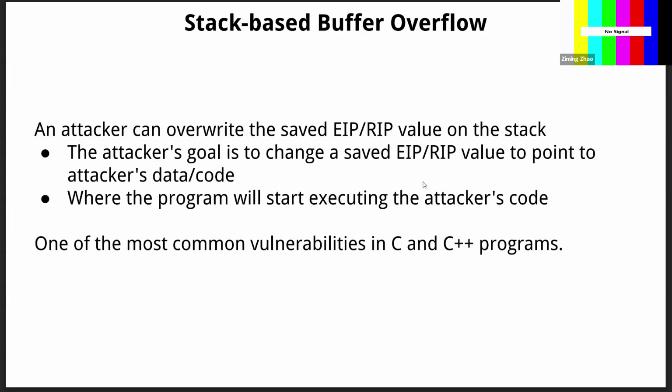So then later, when that function returns, it will not return to where it is supposed to return. Where it is supposed to return is pushed by the call instruction onto the stack. We overwrite that, so it will execute some other code.